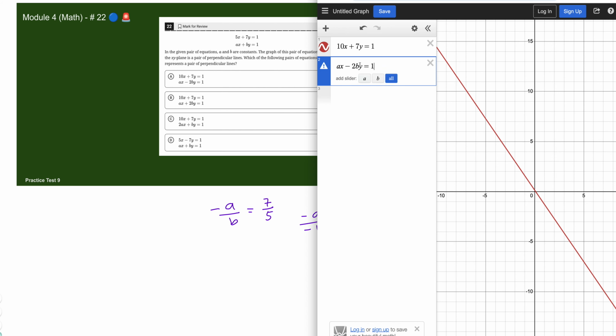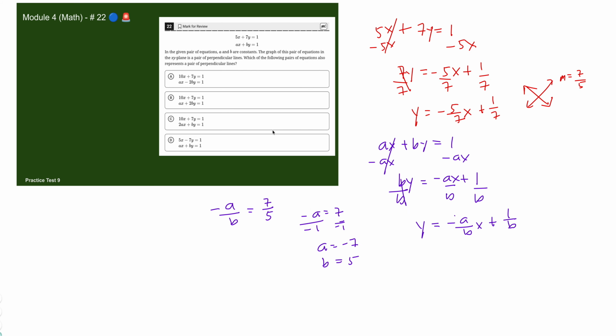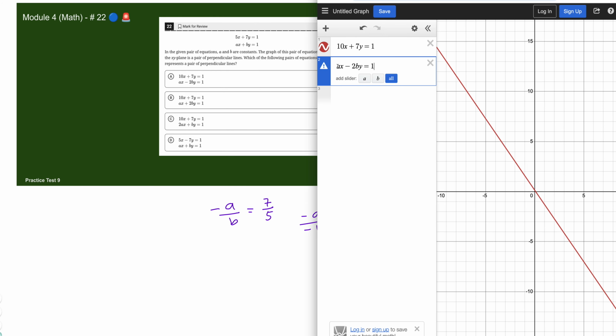So I typed in option A, the second one. Now let's replace A with -7 and B with 5. So A is -7, B is 5, and those lines do not look perpendicular.